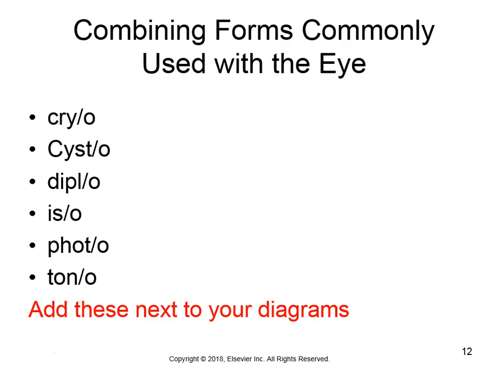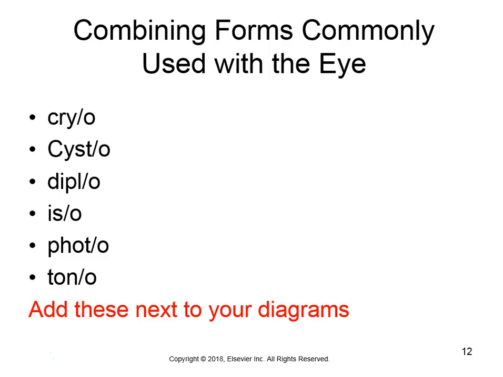So when we're talking about this, we might see it in context describing the eye kind of as a sac in the middle of a term. Diplo means 2 or double. So often we might see this in the sense of you might have double vision. ISO means equal.